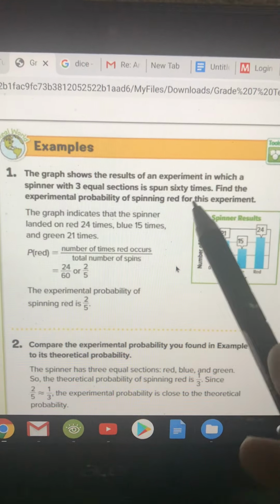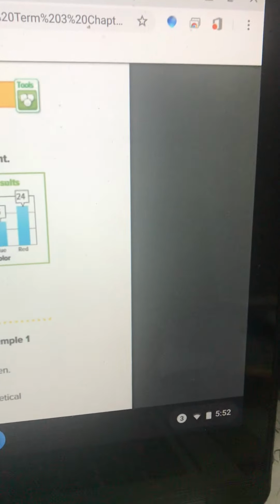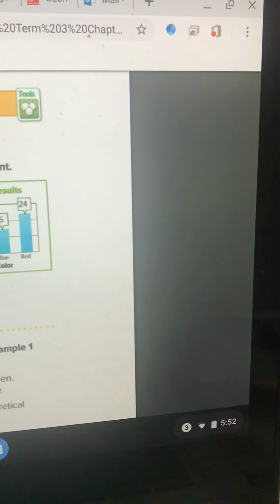So according to the work, I spun 1, 2, 3, 4, up to 60 times. And every time I spun, I recorded where this hand stopped. So on the green, it stopped where? At 21. 21 is for the green. And 15 is for the blue.